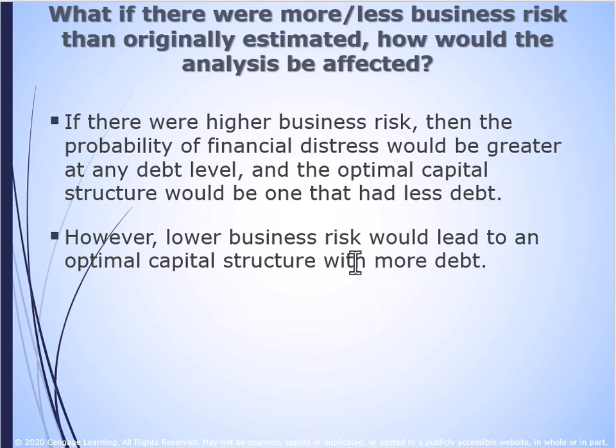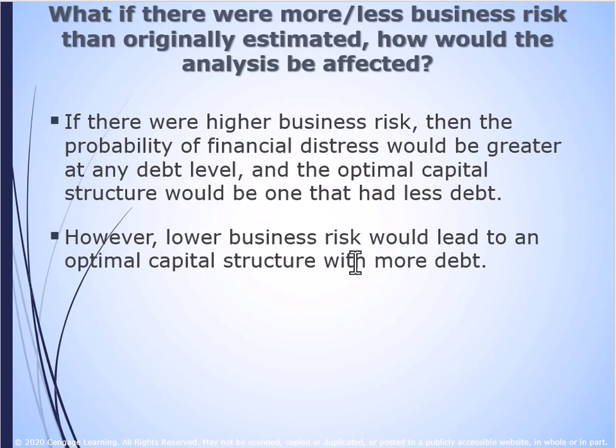So what happens if we change the business risk, right? What if that somehow changes in our analysis? If there was more business risk, then the probability of financial distress would be greater, and the optimal capital structure would then be one that had even less debt.